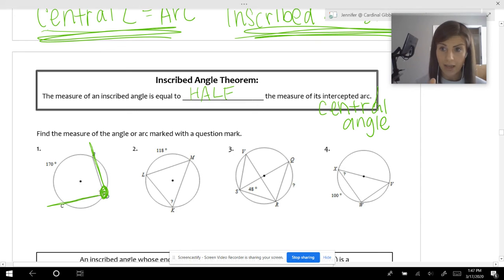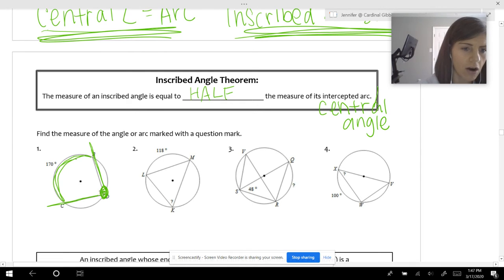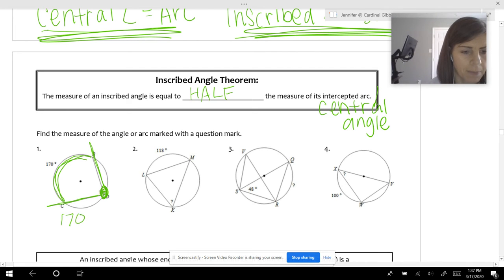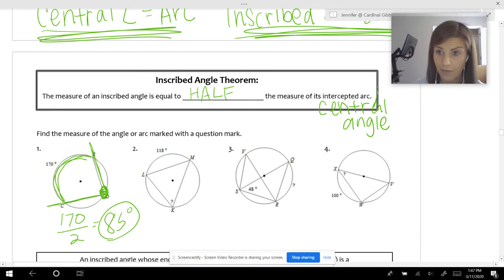So the inscribed angle is half of the arc. Think of the intercepted arc kind of as the arc that's inside of it. So it's half of that arc. So if the arc is 170, half of that is 85. So that angle would have a measurement of 85 degrees.